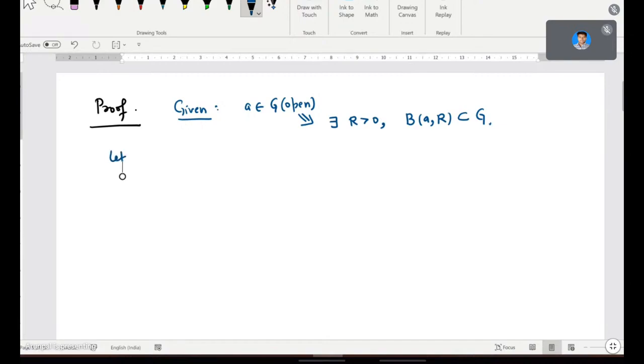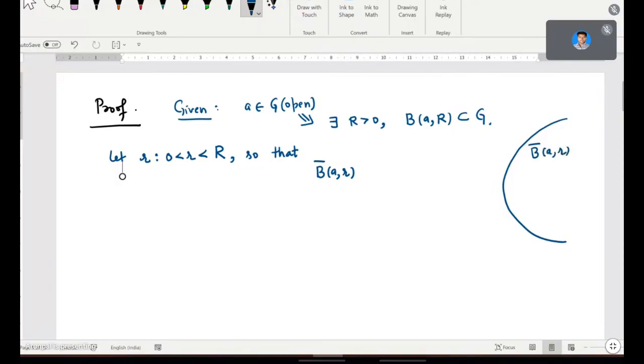Okay. Now let us take some r such that r is of course greater than 0 and strictly less than capital R. Any arbitrary small r which is strictly smaller than capital R. The arrangement which we are making is the following, that the corresponding closed ball, please take a note, this notation stands for the closed ball, and if I take this notation, then this will stand for closure of it.